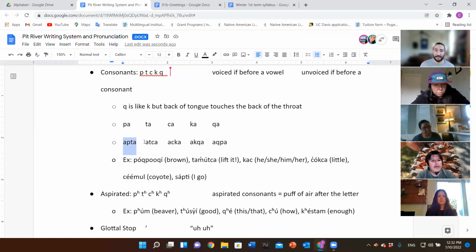And then these consonants are all unvoiced if it comes before a consonant. So here we have the P, and a consonant is after it, so it's before a consonant. So it's going to sound like up, duh. This is not a word, this is just some sounds to get you to understand how it works.